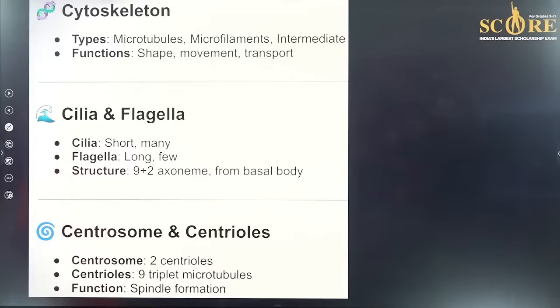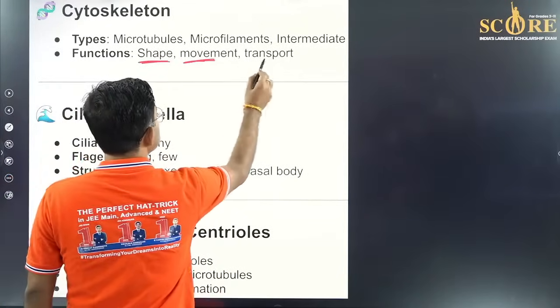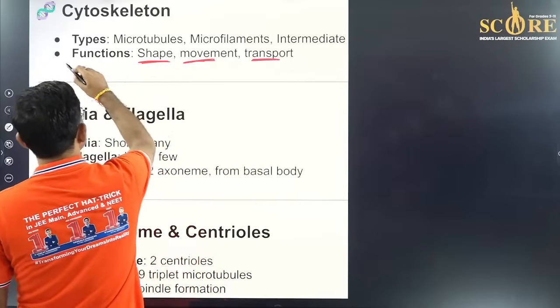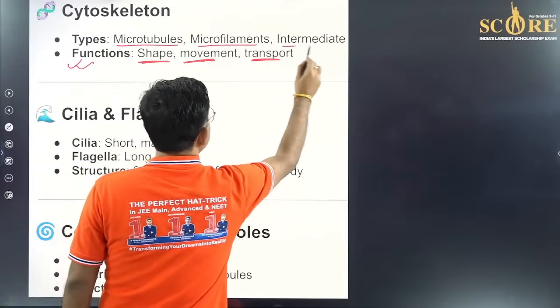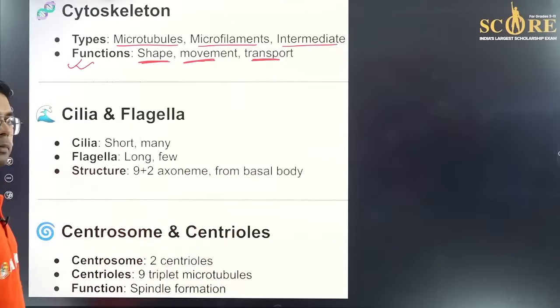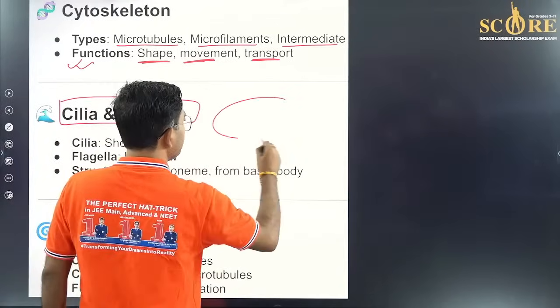Then the cytoskeleton, so they will provide shape, movement and transport. This is the function, and it is of three types: microtubule, microfilament and intermediate filament. Cilia and flagella, it is present on the outer part of the cell.